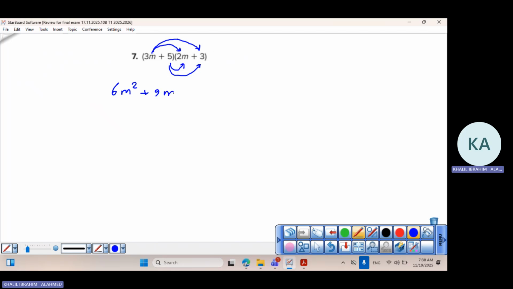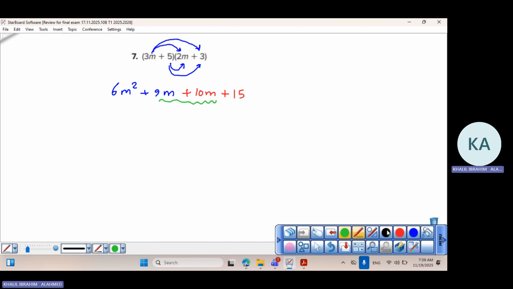Okay, that's done. Now the second. 5 times 2m, plus 10m. 5 times 3, plus 15. This is the answer, but I think you should add the similar terms as you see in the middle here.